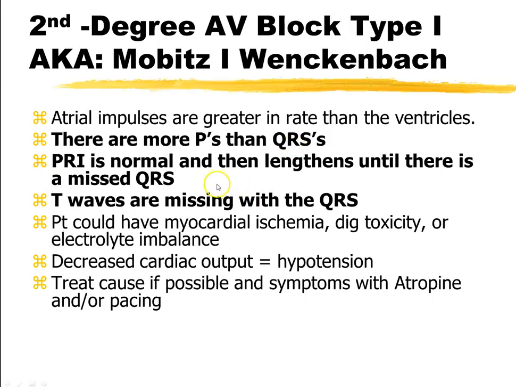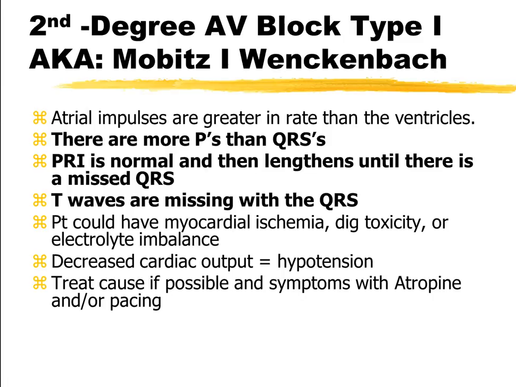And here's the really important thing. The PR interval is normal on one beat, and the next beat it gets a little bit longer, and the next beat after that is a little bit longer still. So you're going to get this progressive lengthening of the PR interval. And then all of a sudden, a QRS is missing. Now, if you're missing a QRS, you will not have a T wave.